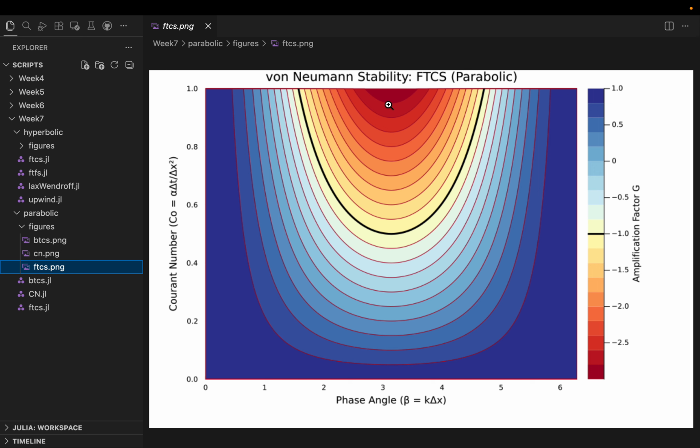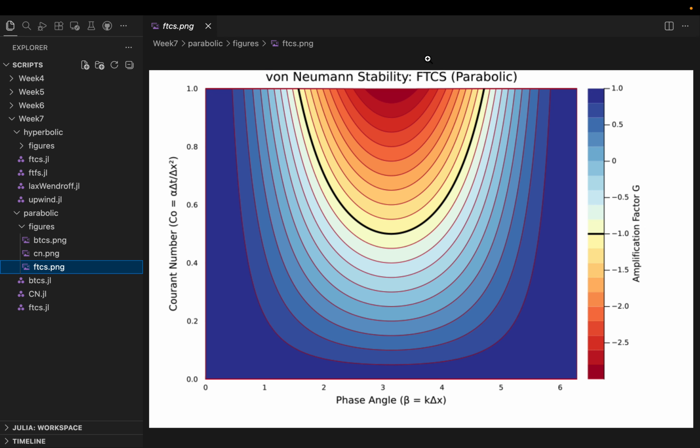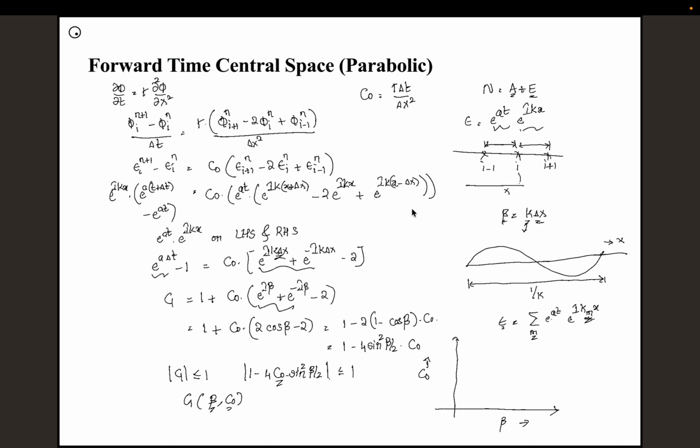Beyond a point, the errors accumulate and the solution becomes unstable. So for this criterion, we have Courant number less than or equal to half for stability. This is basically a conditionally stable method.